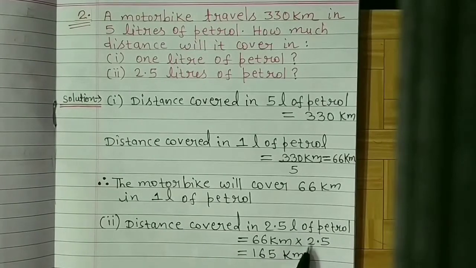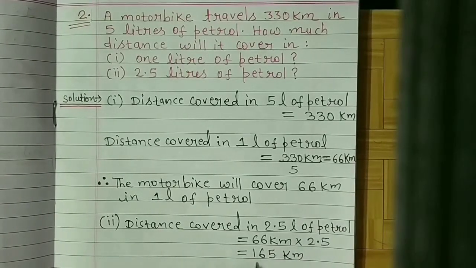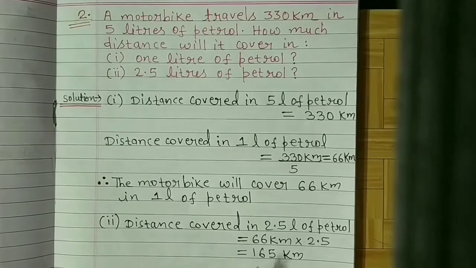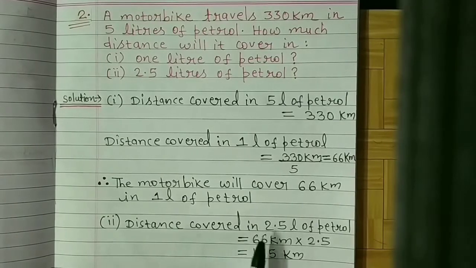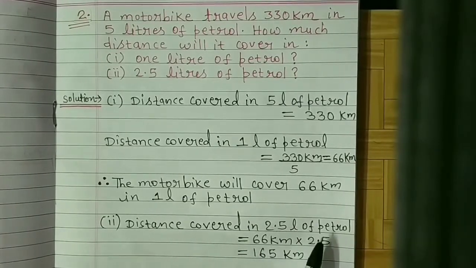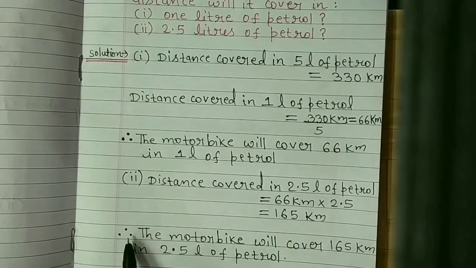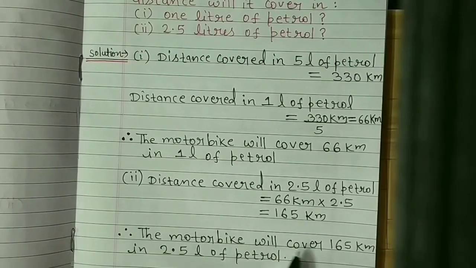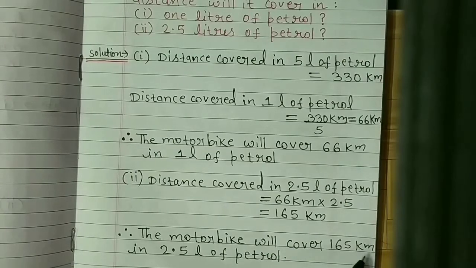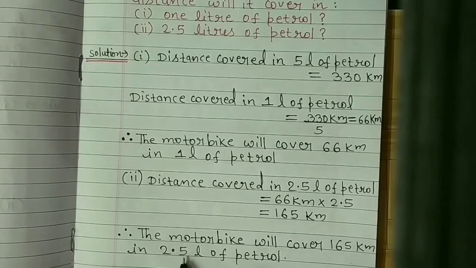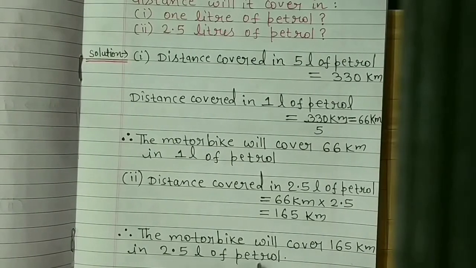After multiplication, the answer will be 165 kilometers. This is the distance that the motorbike will cover in 2.5 liters of petrol. So I have written at the end: therefore the motorbike will cover 165 kilometers in 2.5 liters of petrol.